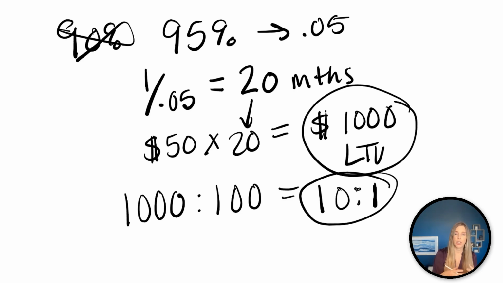That was our original LTV to CAC, to now 10 to 1. And that's pure profit. So now instead of making $5 for every dollar that we spend on marketing, we're actually making $10. And we know that that's going to be pure profit, right? If we were already profitable at 5 to 1, we're going to be doubly profitable at 10 to 1.